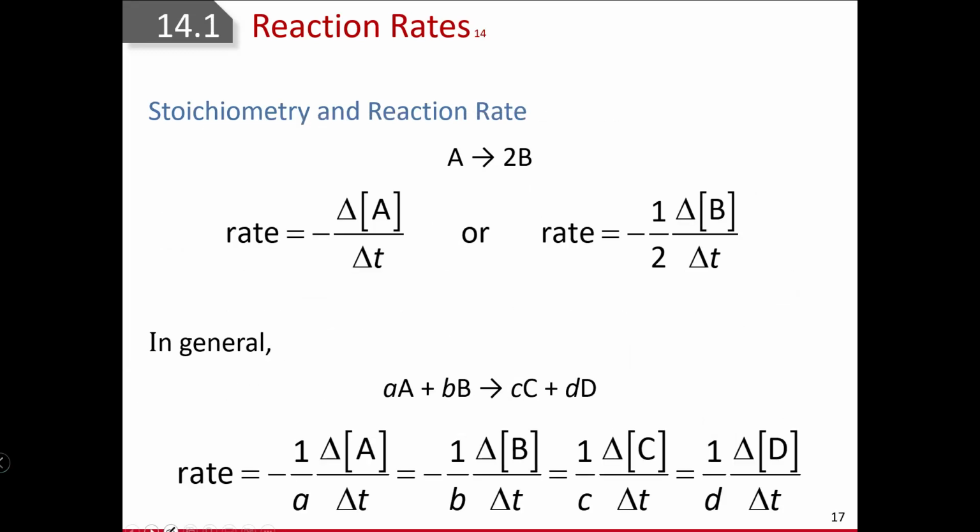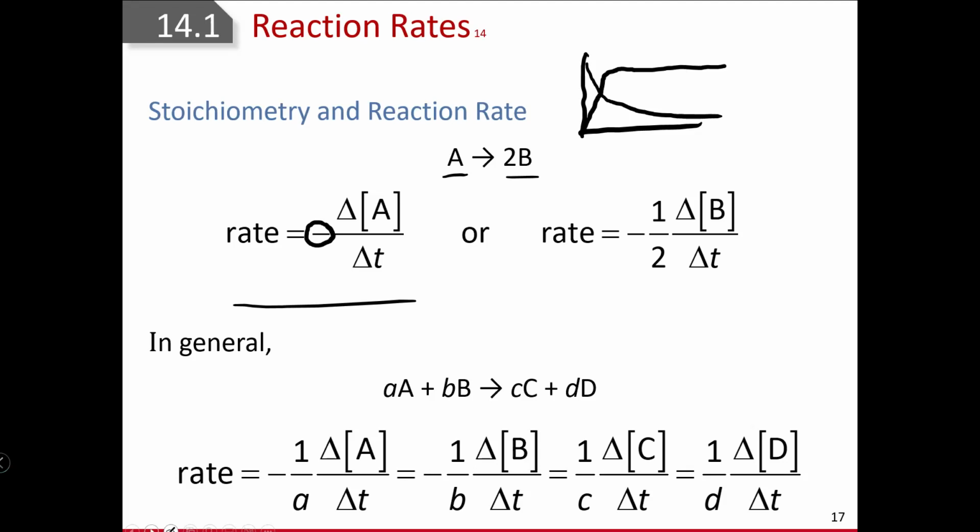So when we have something simple like a reactant A going to 2 moles of product B, we know how to write the rate with respect to A. There it is, change in concentration over change in time with our correction factor, because A is decreasing as the reaction progresses. And then B is increasing as the reaction progresses twice as fast as A. So again, the change in concentration of B over time is going to be 2 times that of A. And let me prove it to you.